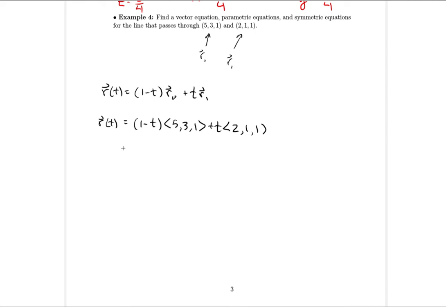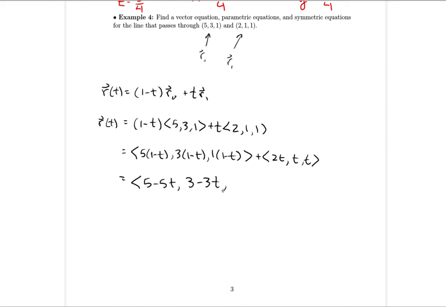All right, and so as I do this, we'll end up with 5 times (1 minus t), 3 times (1 minus t), 1 times (1 minus t), that's the first vector, plus 2t, t, and t. So here it's 5 minus 5t, 3 minus 3t, 1 minus t, plus 2t, t, t.